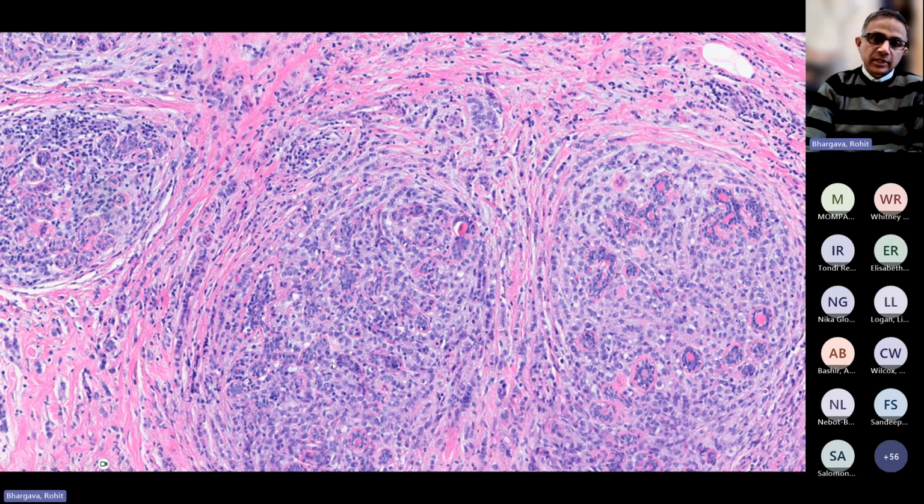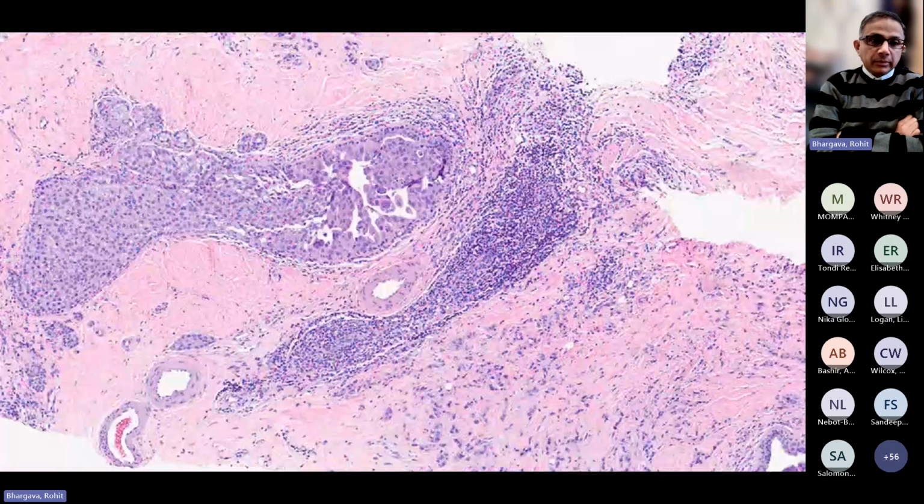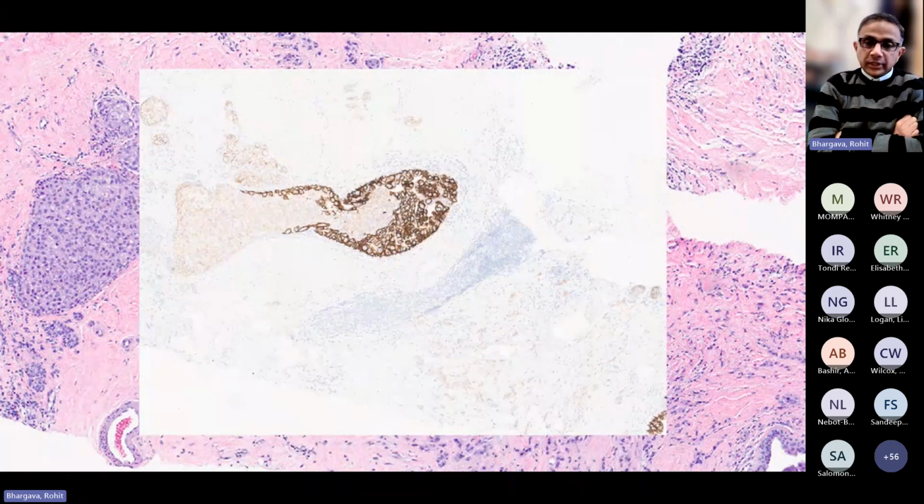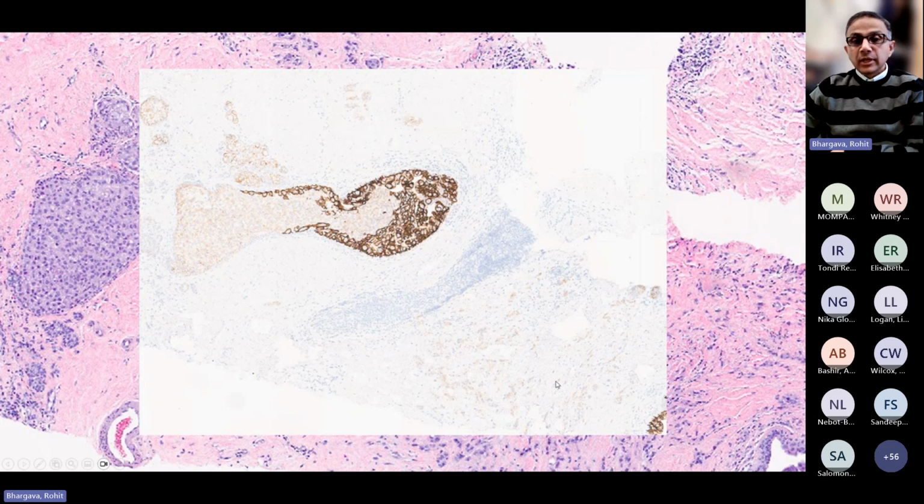And sometimes there are things that are a cause for major concern. In this, you can notice a DCIS, which is more grade 2 here. This is more grade 3 DCIS. And there is invasive cancer, which resembles actually the grade 2 DCIS. And this is a HER2 stain showing an IHC 3+ in a portion of the DCIS, but invasive cancer is not.